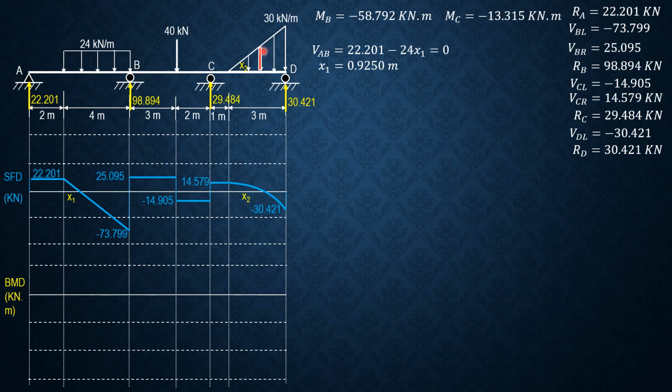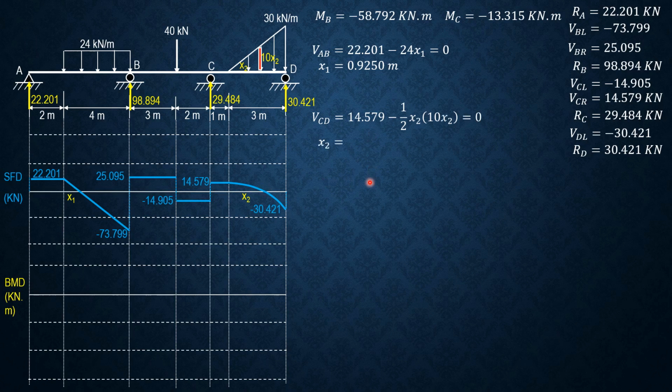Then 30 over 3 equals w over x2, so w is 30 x2 over 3, which is 10 x2. So the shear for this portion is 14.579 minus the area of this triangle, which is 1/2 of x2 times 10 x2, and we equate it to 0 because we want to find x2 where shear is 0 here.